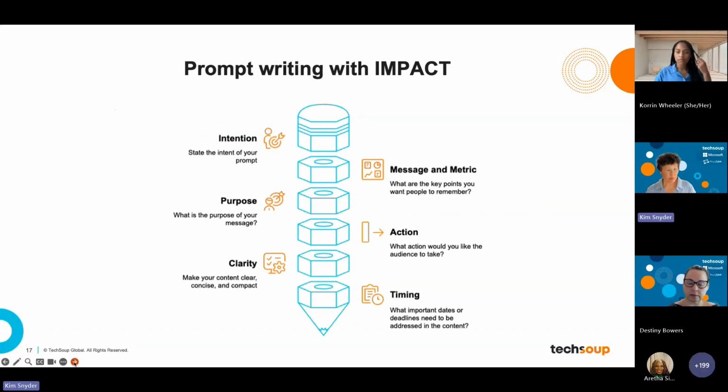So the prompt writing, and let me grab the ebook link. So this is an ebook from Microsoft and TechSoup, prompt writing with impact. So the impact method of writing a prompt.